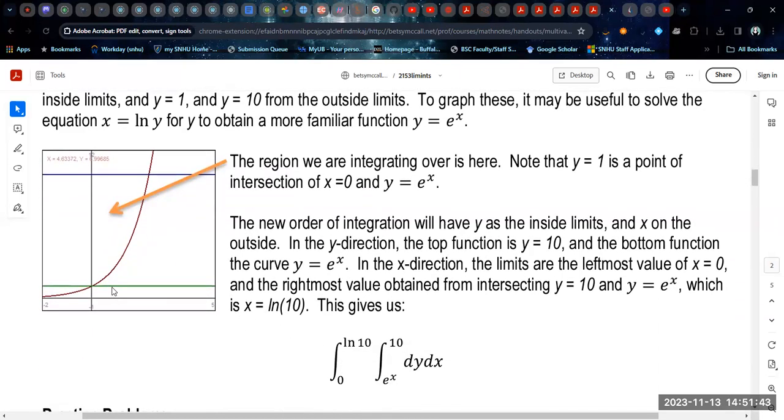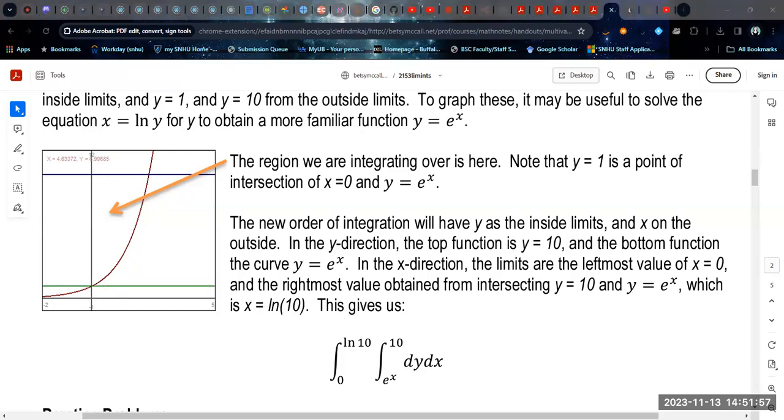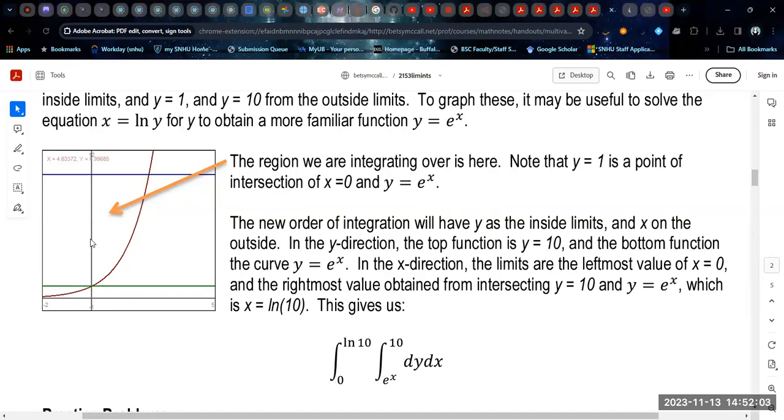Now that we've rewritten our functions, we can think, okay, if dy has to be on the inside, what's the top and the bottom function? The top function is y equals 10. The bottom function is this exponential curve. And then in the x direction, we're going from 0 to where this exponential curve intersects with this line.